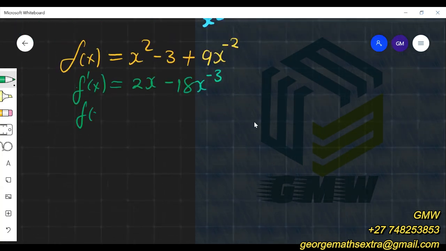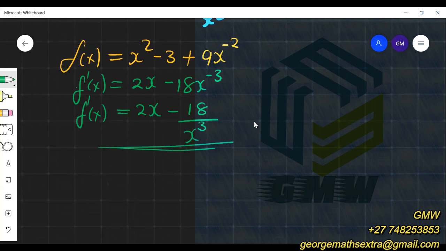Sometimes the question will say with positive powers, so they would want you to change this. So it becomes minus 18 over x to the power positive 3. We are using the rule a to the power negative n is equal to 1 over a to the power positive n. So laws of exponents are here again.